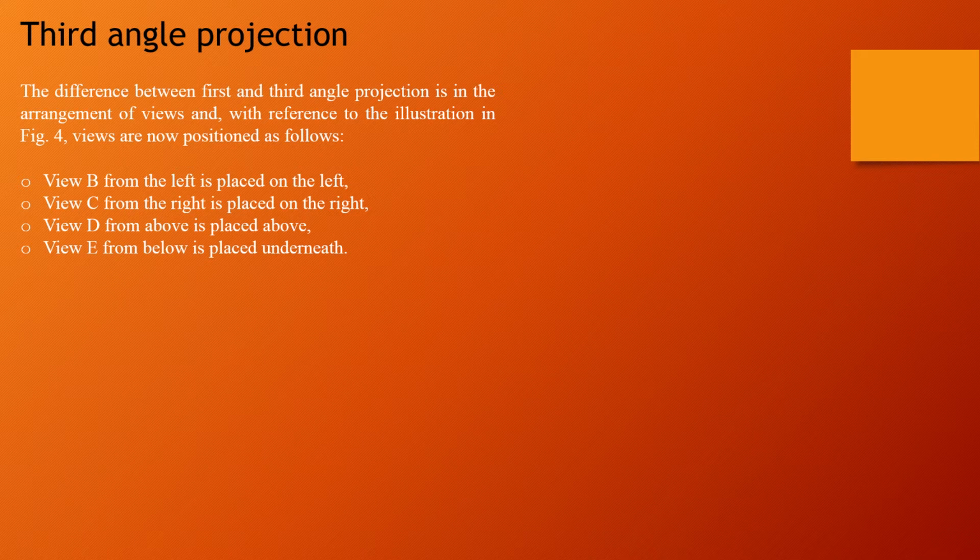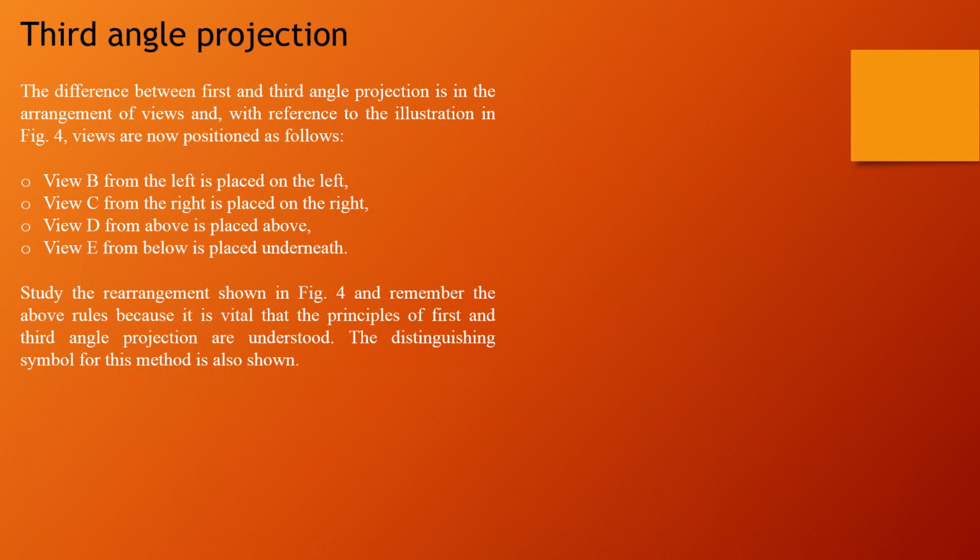The bottom view we place at the top. In the third angle projection, for example, the left view we place on the left side, the top view we place at the top, the bottom view we place at the bottom, and the right view we place on the right. That is the third angle projection. Please don't mix them with each other.